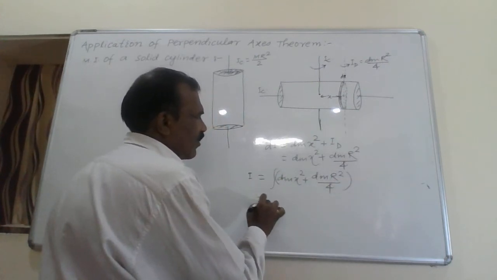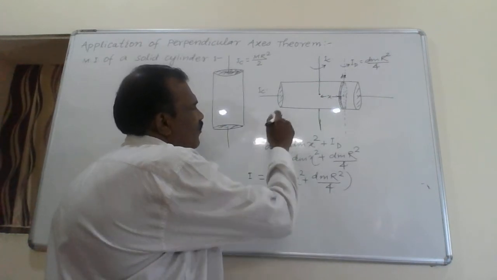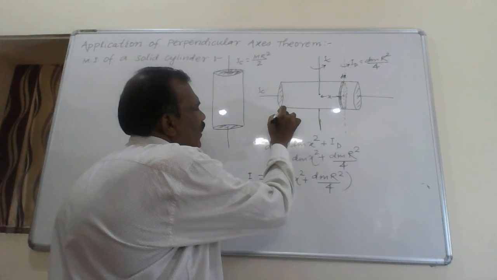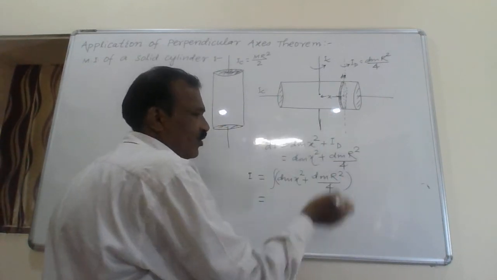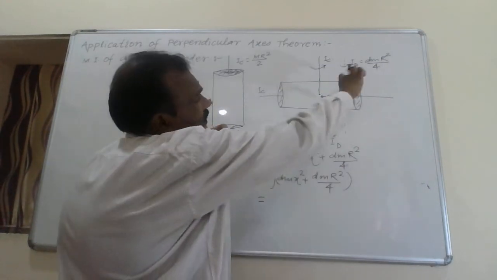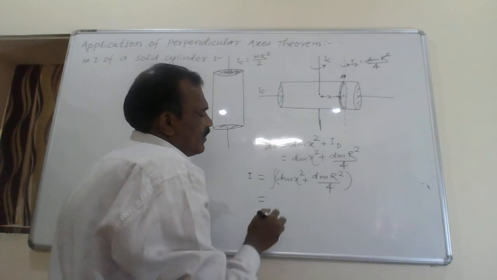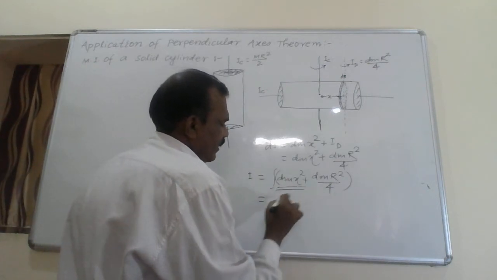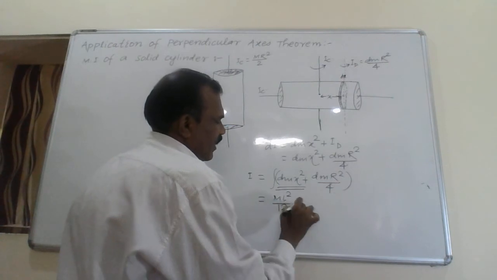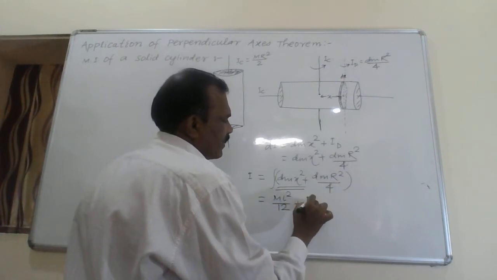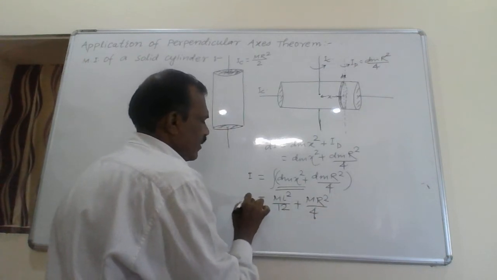All terms are constant here, and x varies from minus L by 2 to L by 2. So we can consider this as a rod. So moment of inertia can be obtained by integrating this as ML square by 12, plus we can rewrite this as MR square by 4. So this is the required moment of inertia.